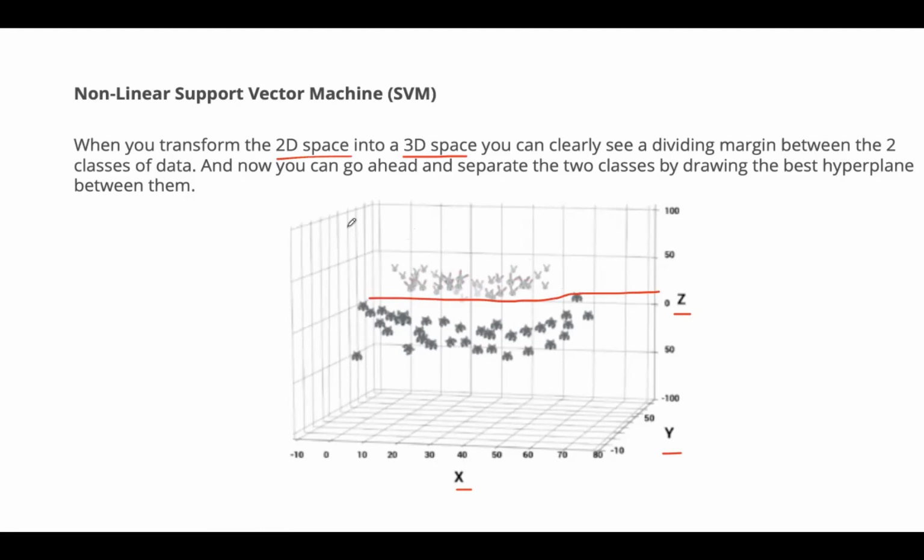Now you can separate the two classes by drawing the best hyperplane between them. You can classify them by drawing a hyperplane something like this. So this is how we can classify the classes.